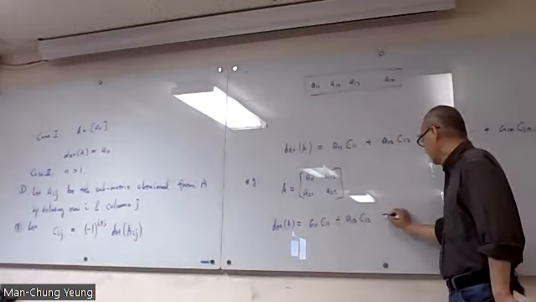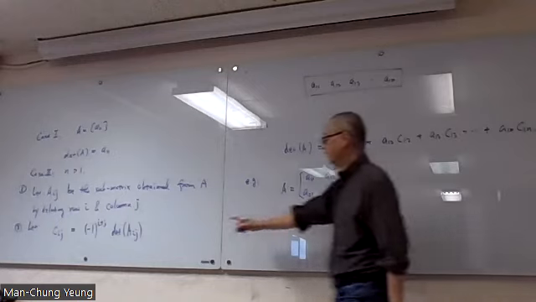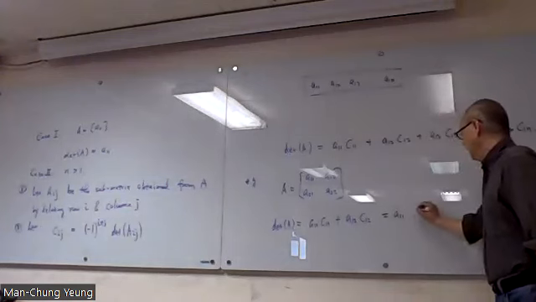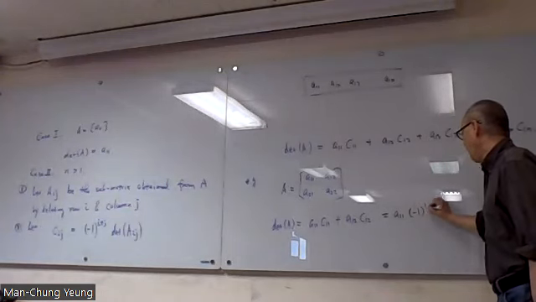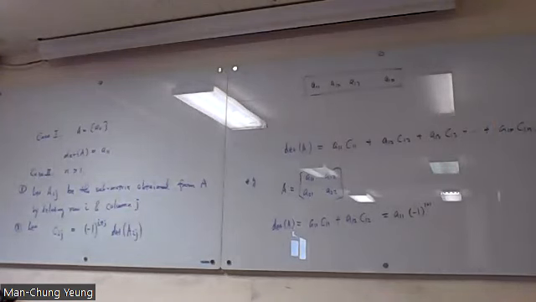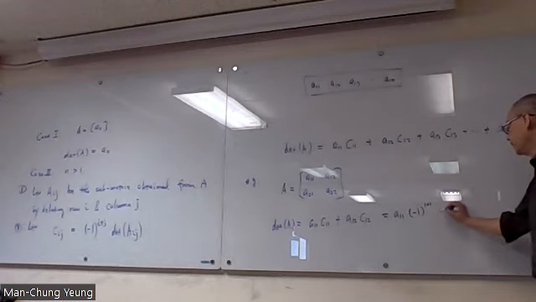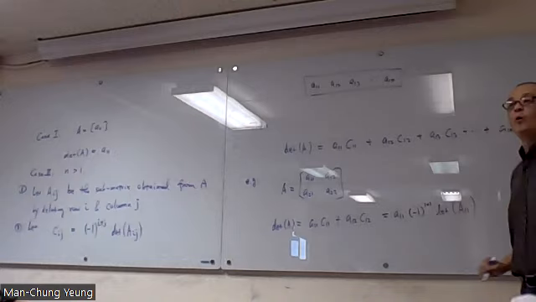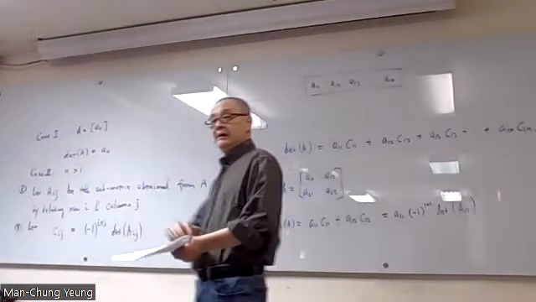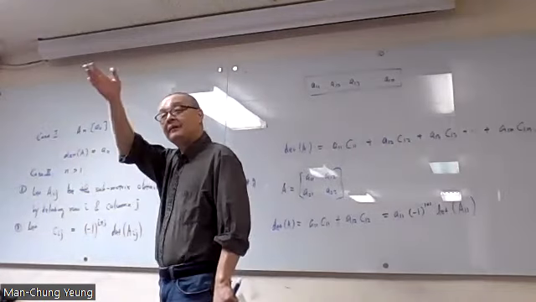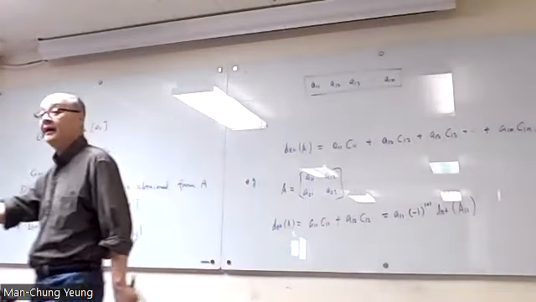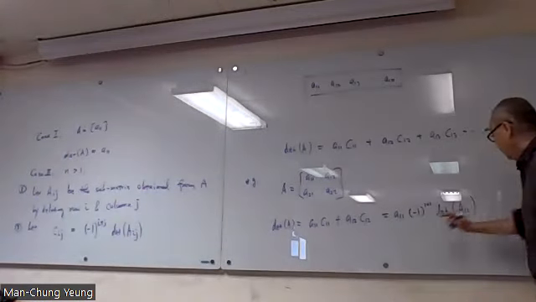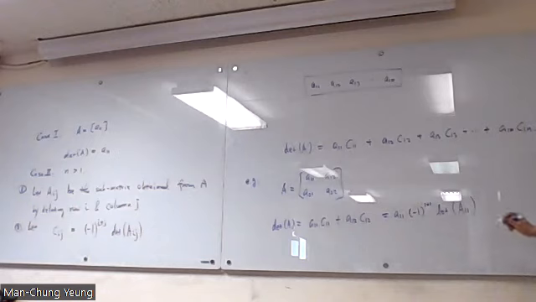And what is C11? By the definition, it is negative 1 to the 1 plus 1, since I is 1 and J is 1, times the determinant of capital A11. What is capital A11? Delete row 1 and column 1 of A. Let me write down the second term first.